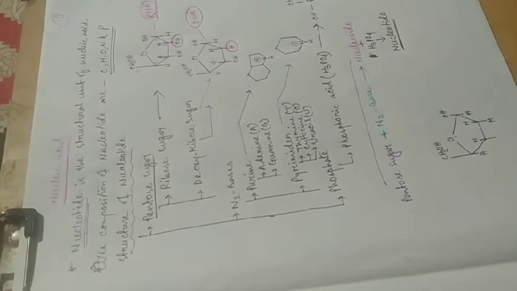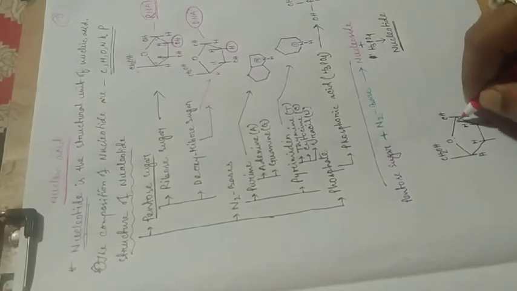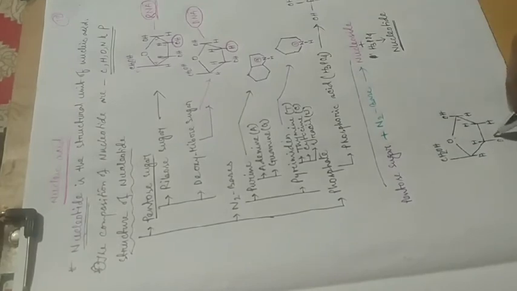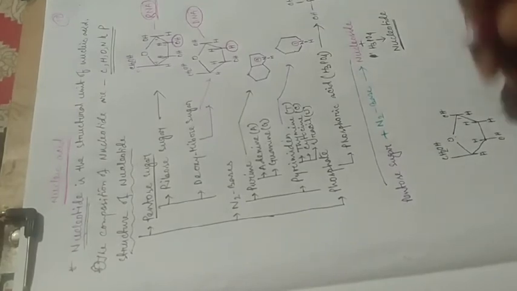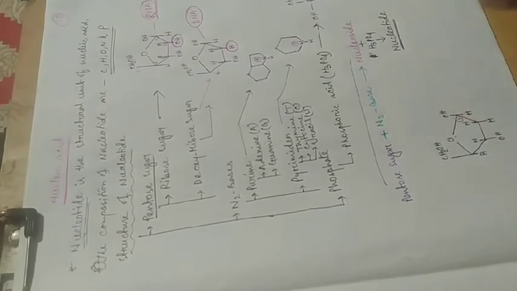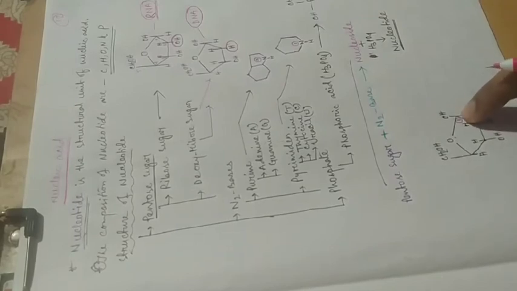If any nitrogen base attaches at the first carbon of the pentose sugar. Here is the first carbon. So the nitrogen bases are attached to the pentose sugar by its first carbon place.